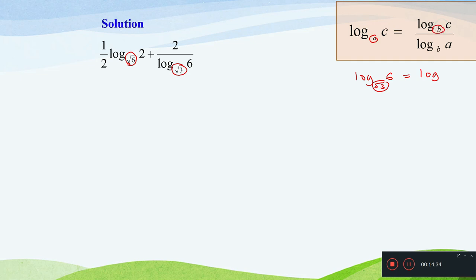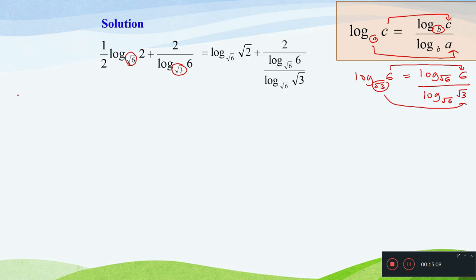According to the formula, this is B, our new base. So our new base is square root of 6, and then from the formula this is C, which is the same, so I just have to copy down number 6, and then at the denominator is just the base, so I just have to copy down the base, which is square root of 3 here. So from there, that's where I got this.